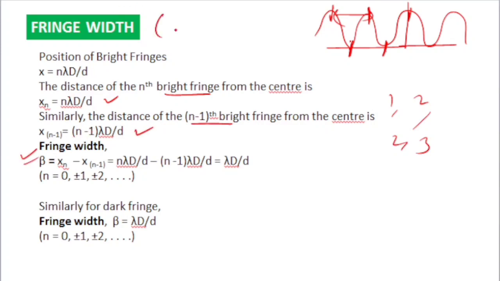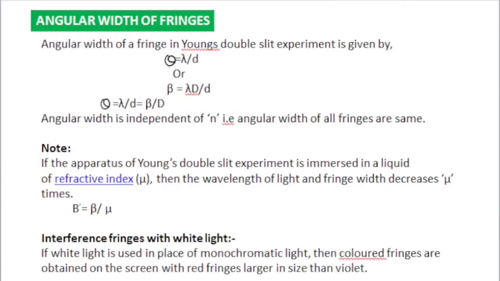It is denoted by beta, and when you calculate this, you get lambda capital D by small d. This is fringe width for bright fringe. When you calculate for dark fringe, again beta equals lambda capital D by small d. It means the fringe width for both bright and dark fringes is the same. It means all bright and dark fringes are separated by equal distance, right?